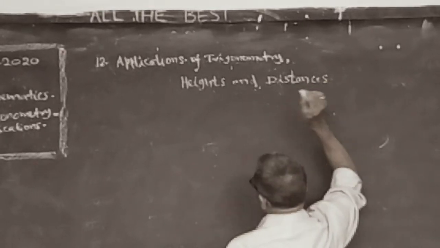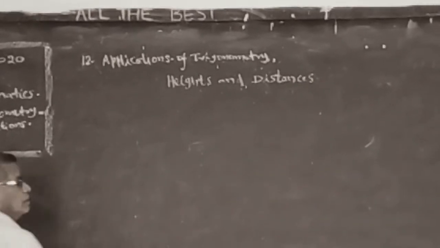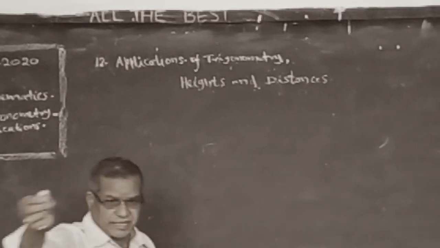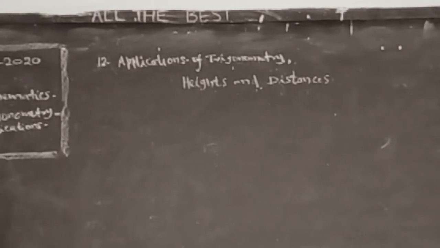Heights and distances. In this chapter, in the right angle triangle, one angle and one side is given. We can find the other two sides by using trigonometry.